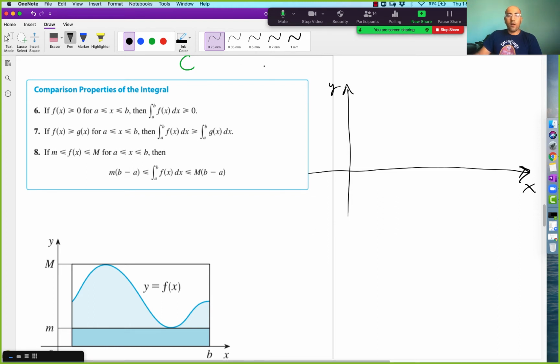So we have x, we have y. So if we have some function like this, and this is f of x, right? And then f of x is always greater than or equal to g of x. So let's do a g of x. So g of x is always less than or equal to it. So let's say that it touches there, but then comes back down, and then it touches there, but then it comes back down.